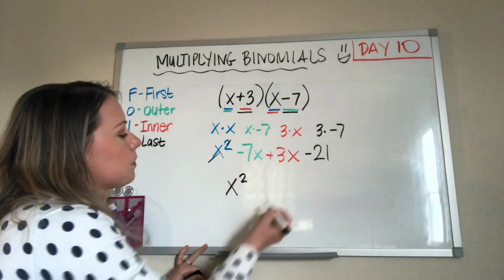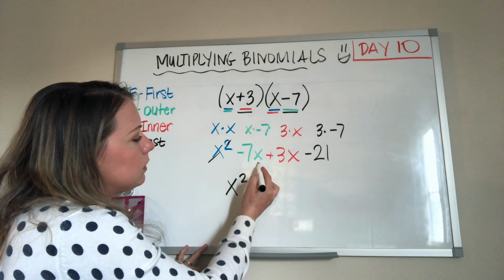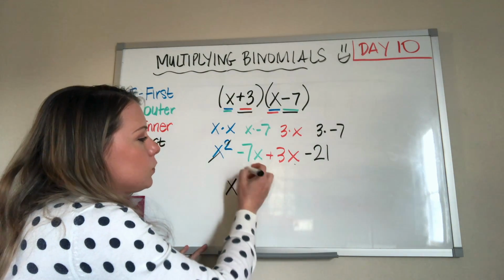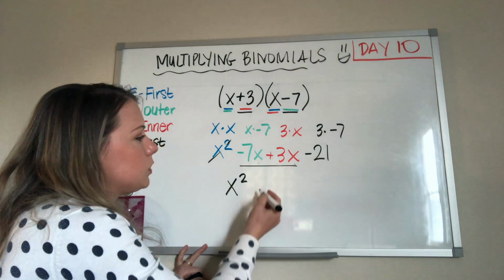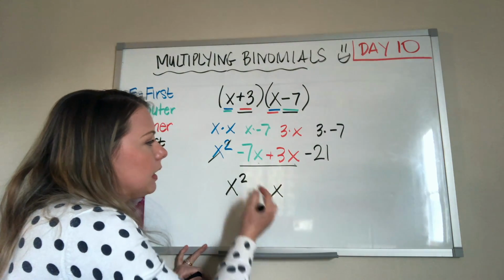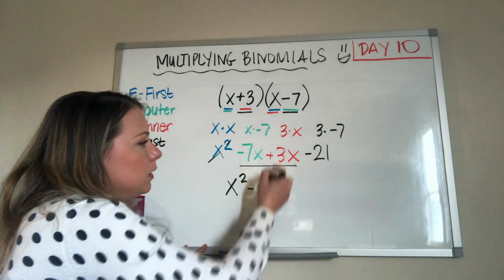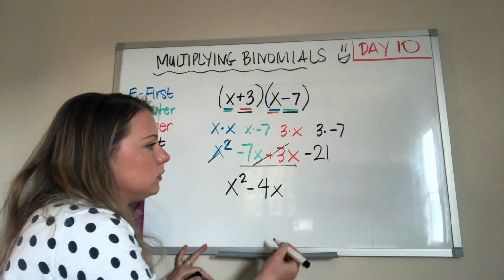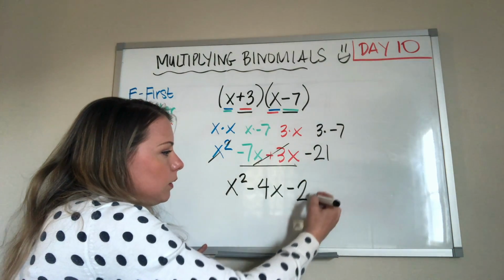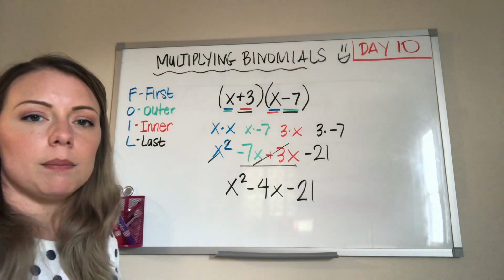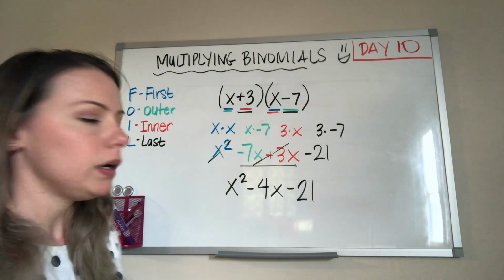Then I have an x, and then I have another x, which means these two are combinable. So I know the x is going to be there. Negative 7 plus 3 would be negative 4. All right, they're good now. And then negative 21 just drops down because there's nothing left for it to combine with.